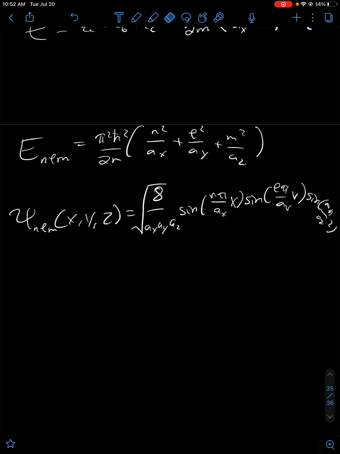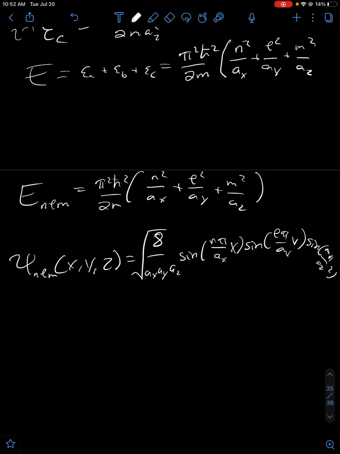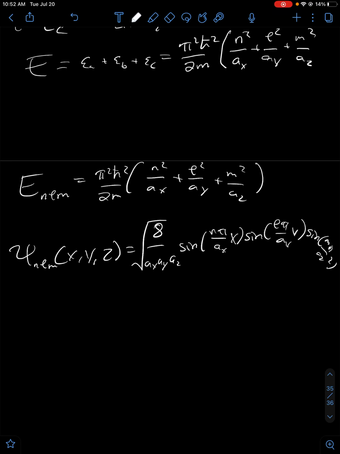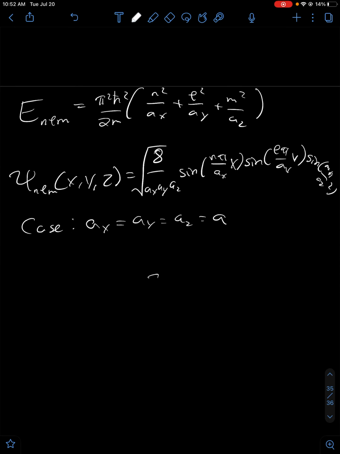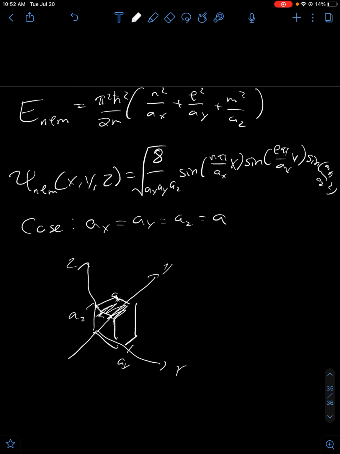Now what do I mean by this? I want to note something that's pretty cool. Let's study the case where a_x equals a_y equals a_z equals some constant a. This corresponds to having a box that's literally a cube, so all the sides have equal length.